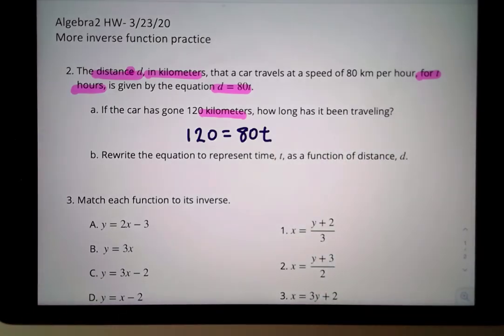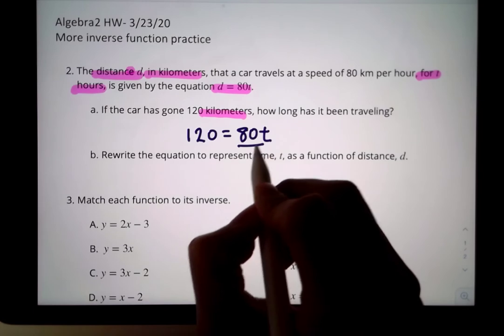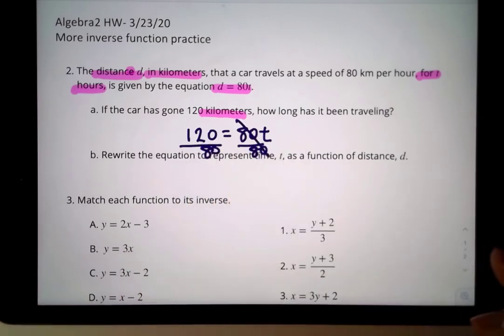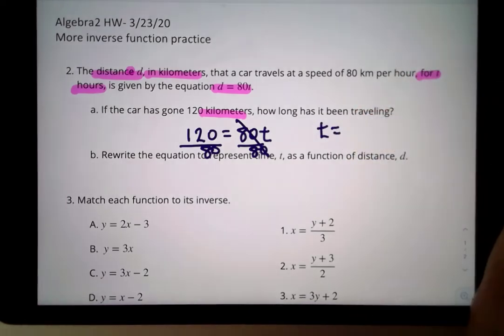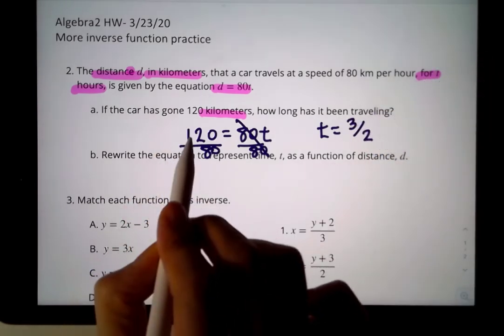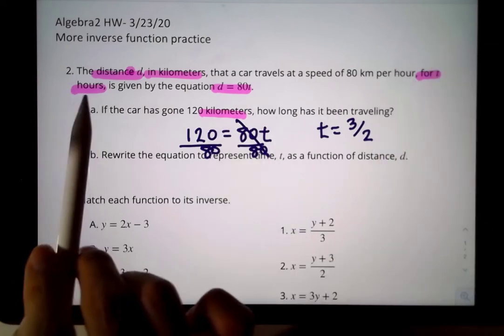Then you can get how long it has been traveling. So you're getting the time, right? So to get the T value, we need to divide it by 80. Like that. Then you cancel this, and 120 over 80, then that is 3 over 2. You can divide it by 40, right? So you get 3 over 2, and it says T hours.